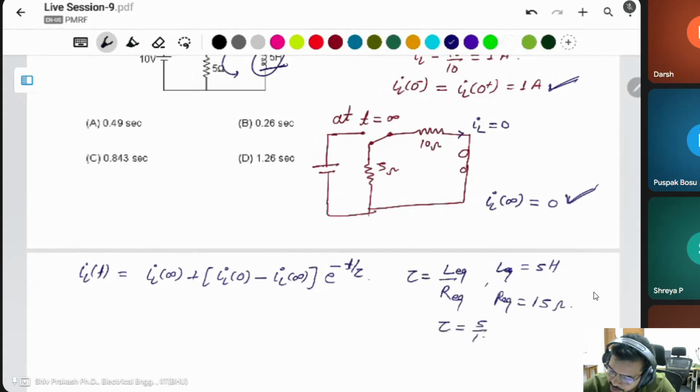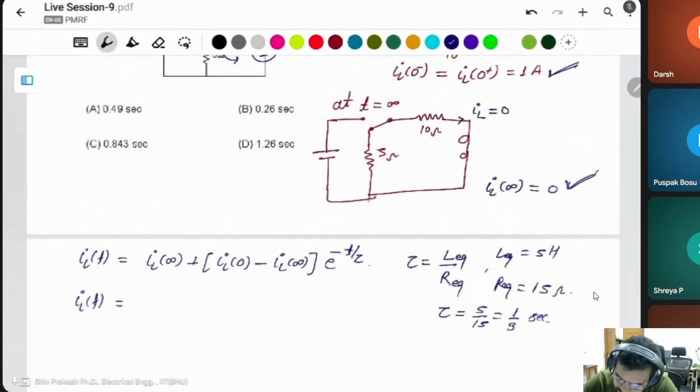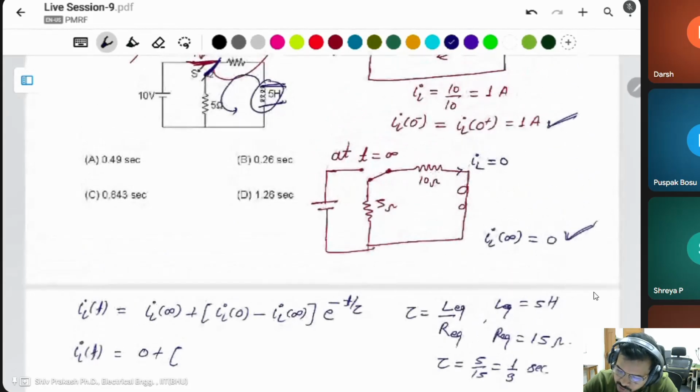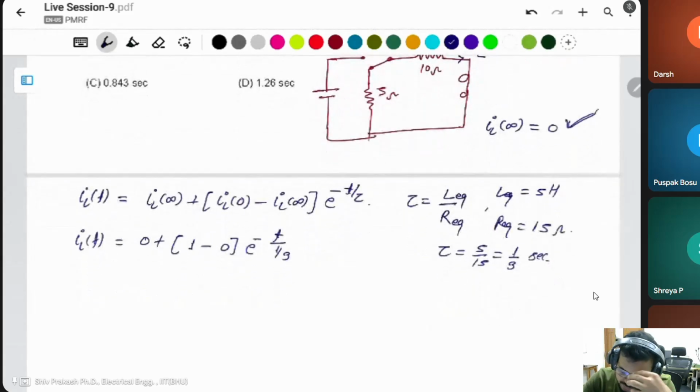Tau is 5 by 15, which is 1 by 3. Then what is the current? Final current is 0, plus initial current 1 ampere minus final current 0, times e to the power of minus t by tau. Tau is 1 by 3. Then IL is 1 times e to the power of minus 3t ampere.